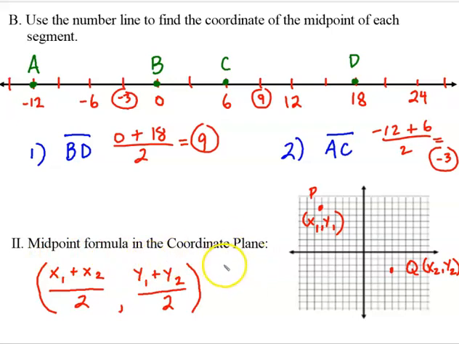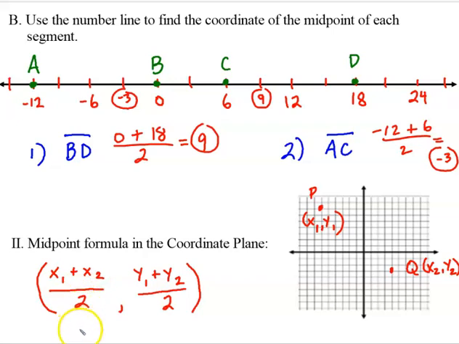And when we get to the coordinate plane, it's a little different because remember on the coordinate plane, points are represented by X and Y coordinates. So the formula I've provided for you here to find the midpoint between points P and Q, given here on this example, we will take the two X coordinates for P and Q, just lift those up and add those together and divide by 2.